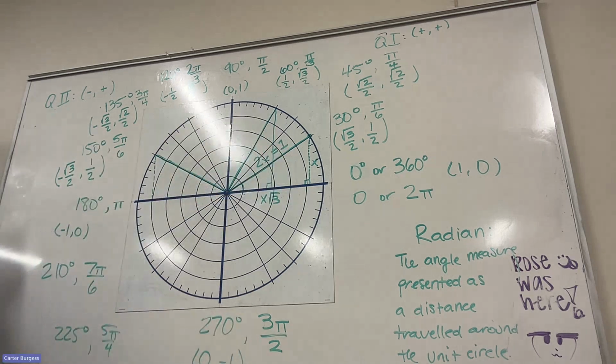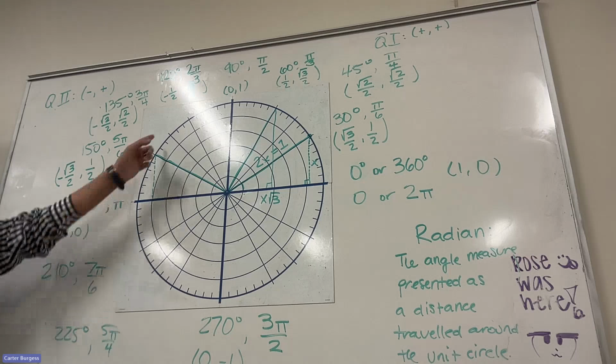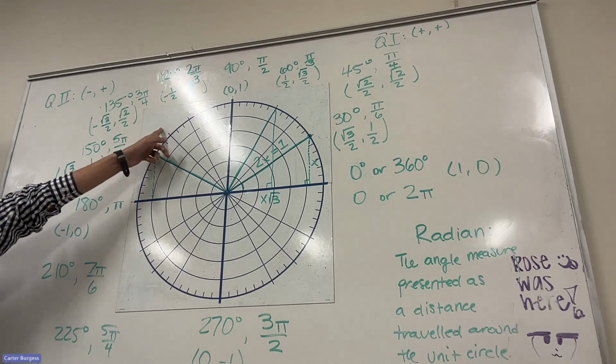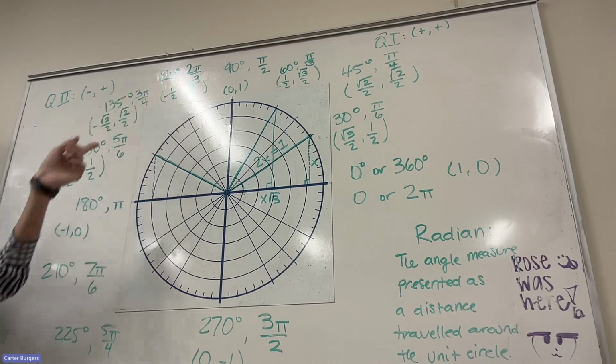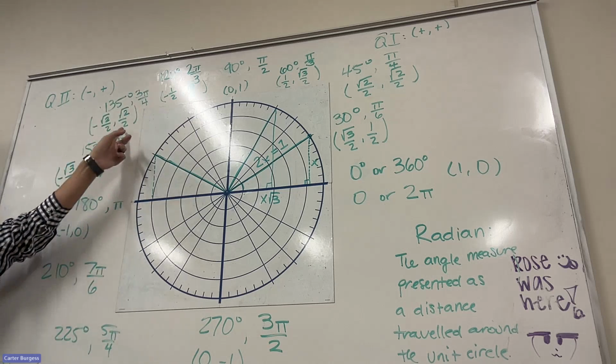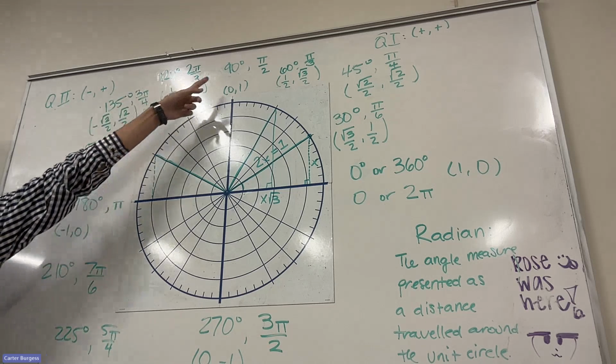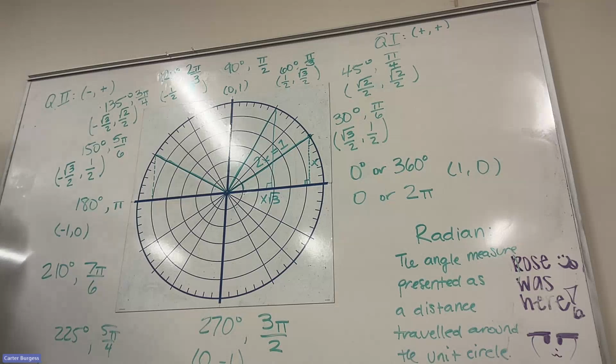Yeah, all based off of what we were doing in quadrant 1. So the pattern that we observed in quadrant 2 is notice that each of these fractions that we get, 5/6, 3/4, 2/3, all of those are a little bit less than 1.